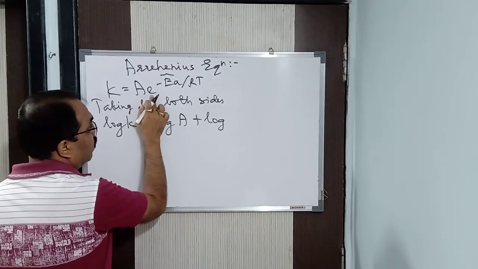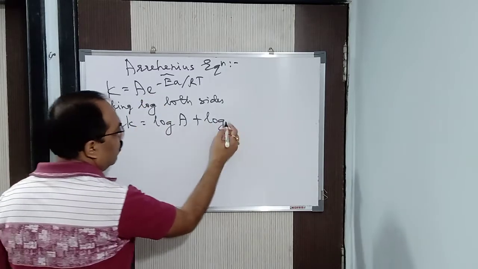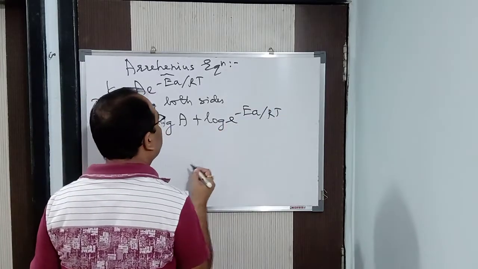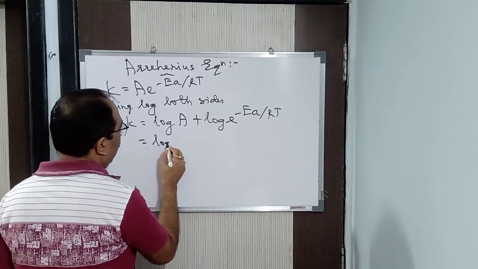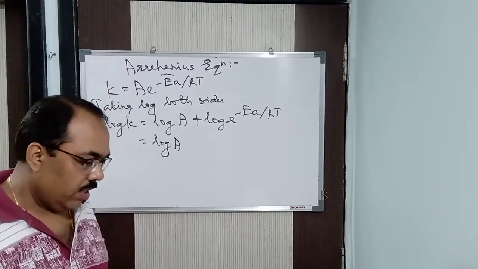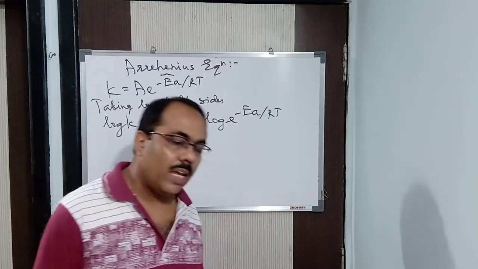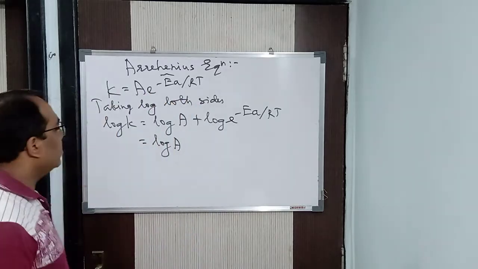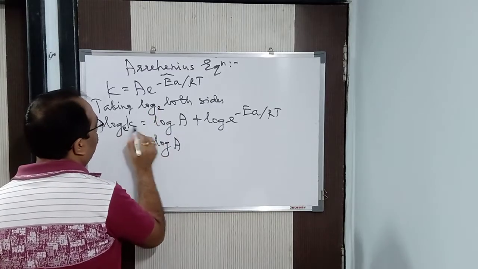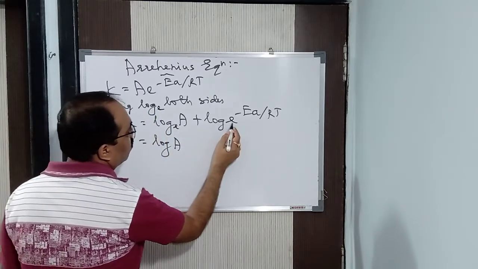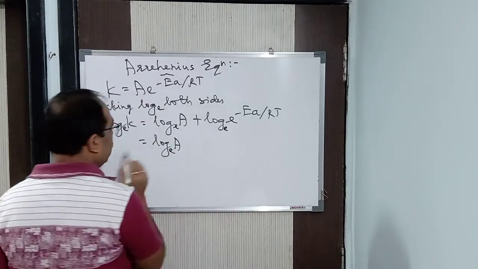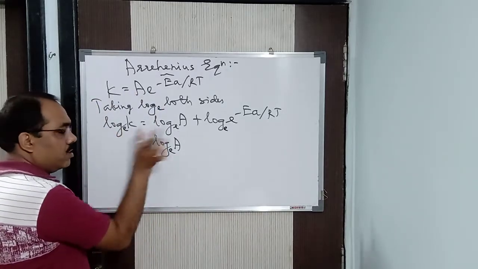Mind it, log of A into B is log A plus log B. One thing I forgot to tell you: here I am taking log to the base e, which I can also write as ln. Mind it, log to the base e is ln.